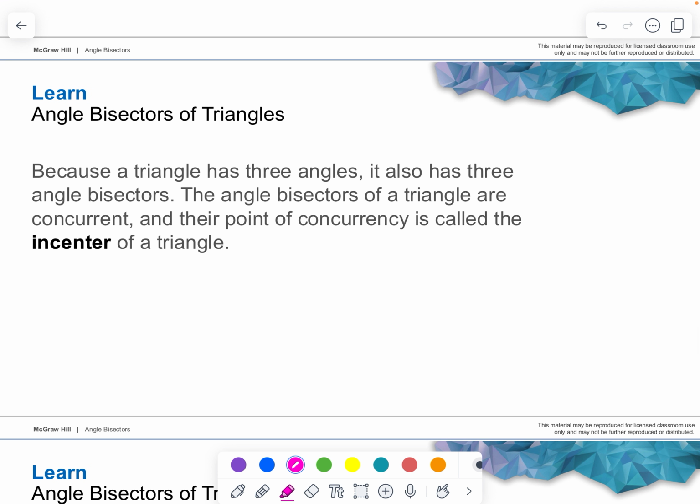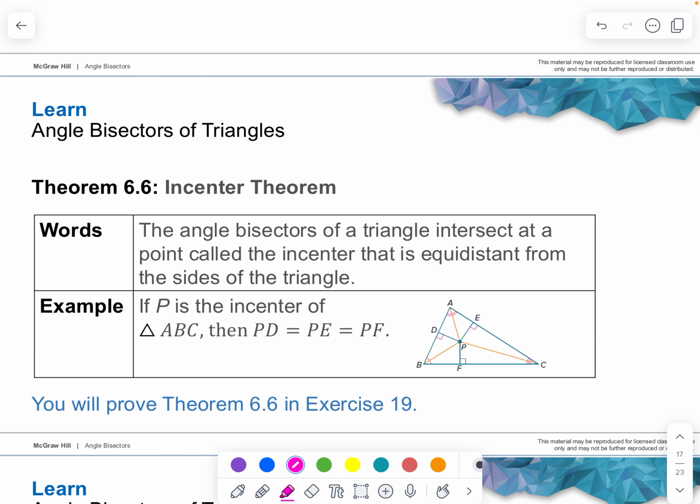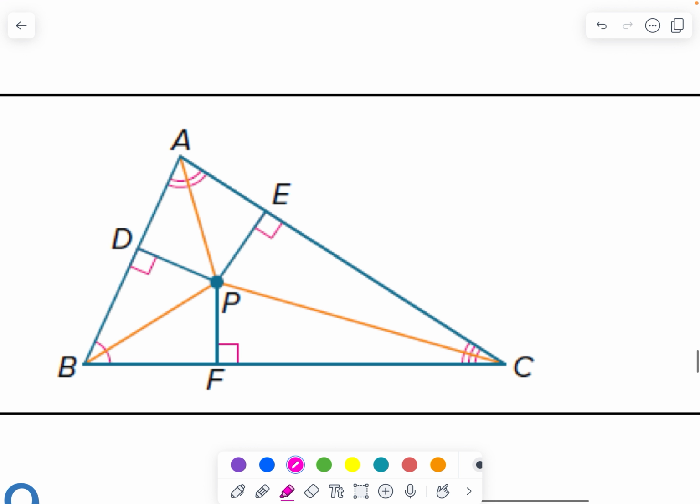And the angle bisectors of a triangle are concurrent, and their point of concurrency is called the incenter of a triangle. The incenter. So this is kind of cool. So when they're drawn in, all 3 angle bisectors, they meet up at this point right here, the incenter.